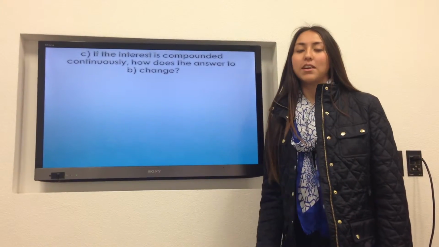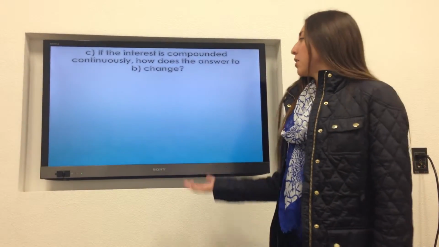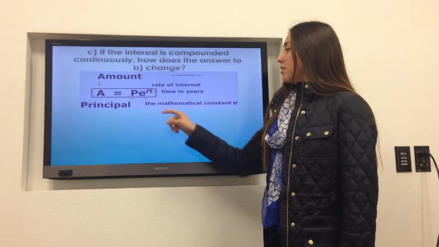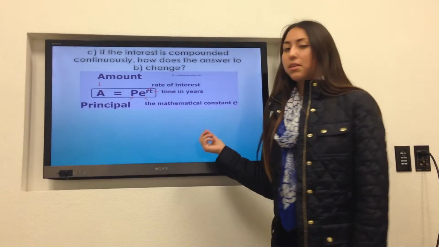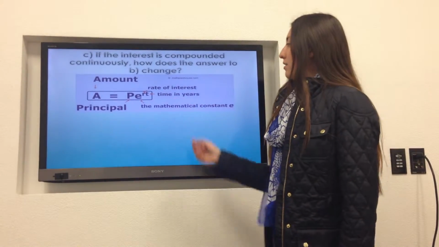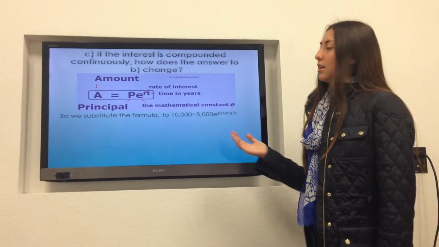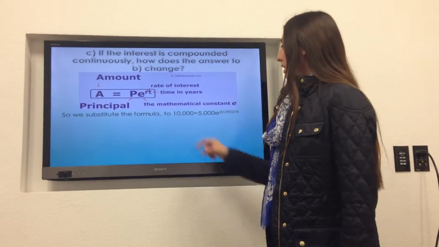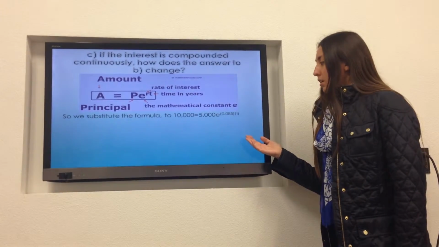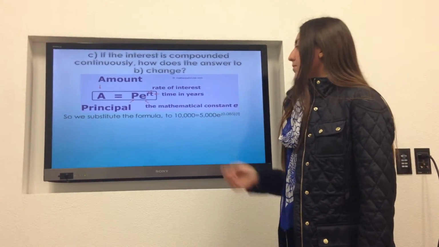Next question is, if the interest is compounded continuously, how does the answer of B change? We found a new formula where A is the final amount, P is the principal amount, e is the mathematical constant e, which is 2.72, R is the rate of interest, and T is the time in years. We need to isolate t, so we substitute into the formula, which is 10,000 equals 5,000 e to the 0.085 times t.